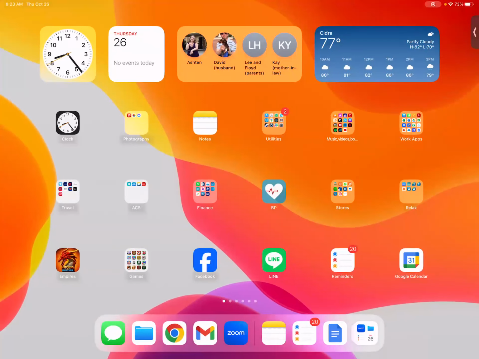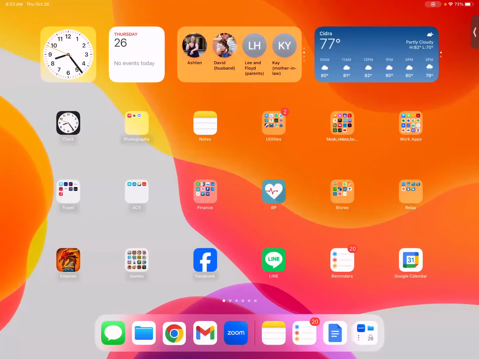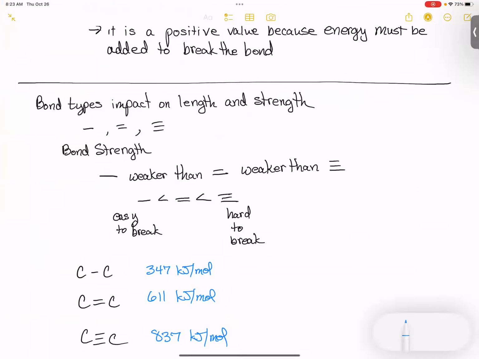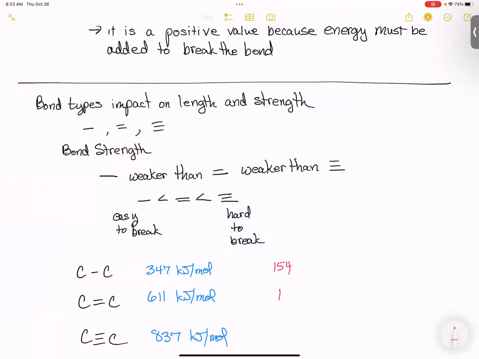As far as bond length goes, a single bond is longer than a double bond, and a double bond is longer than a triple bond.